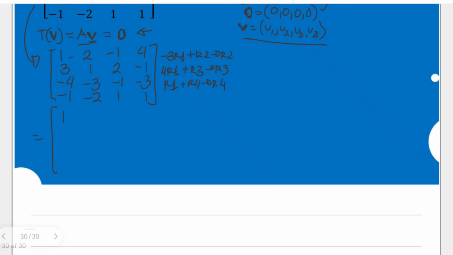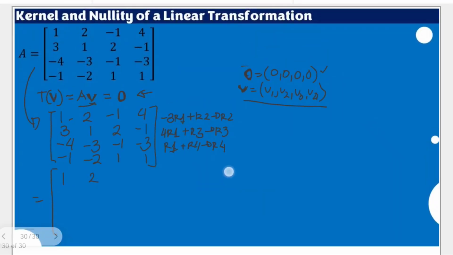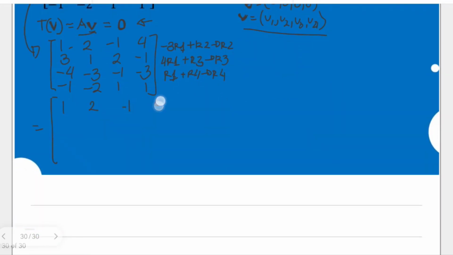We have still 1, 2, negative 1, and then 4. Negative 3 times 1 is negative 3 plus 3, that's 0. Negative 3 times 2 is negative 6 plus 1, negative 5. Negative 3 times negative 1 is positive 3 plus 2, I have here 5.